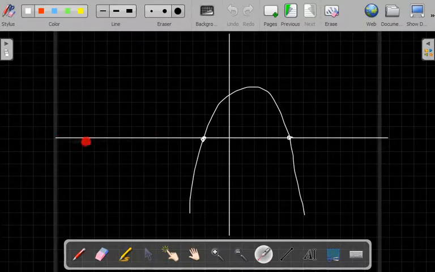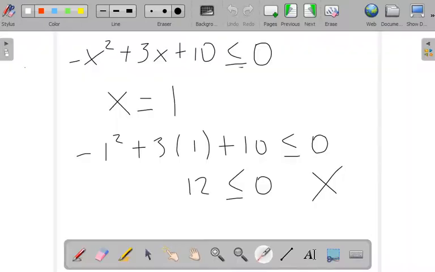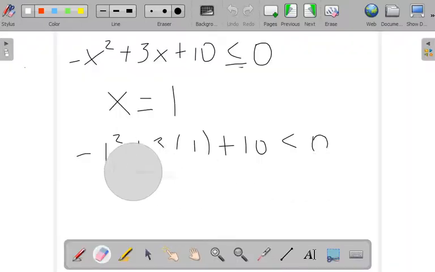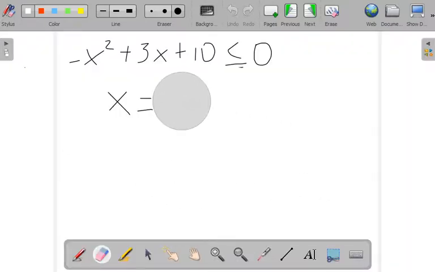So now we need to test a point out on this side. So if we test, let's say, negative 6 or negative 3, even negative 3 is right next to negative 2. We can try that point. So let's come back here. I'm going to erase this. And let's set x equal to negative 3.